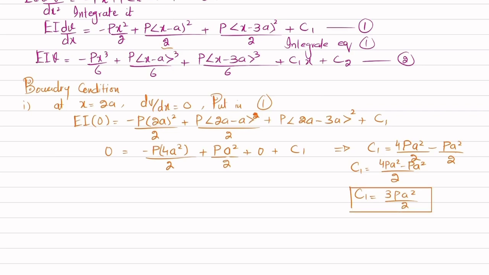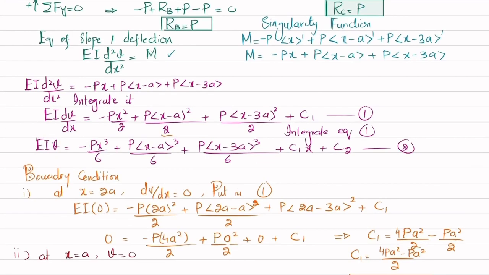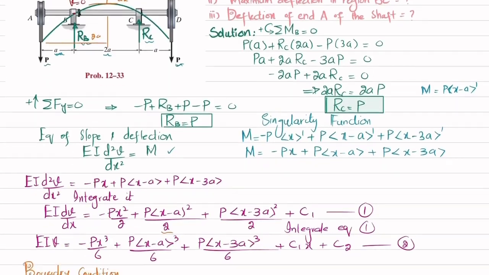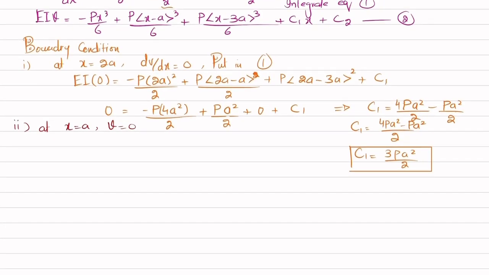Now another boundary condition is that at x is equal to a, we have deflection equal to 0. So let me show you. You can see this is x is equal to a, so here deflection is equal to 0 because this is a bearing support. So put in equation number 2, because equation number 2 is for deflection.